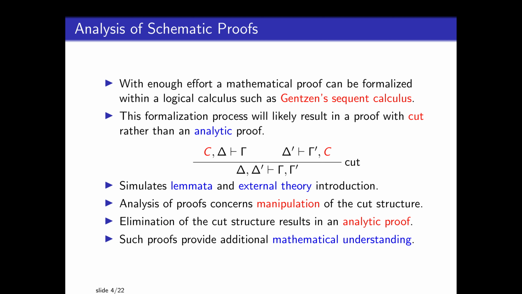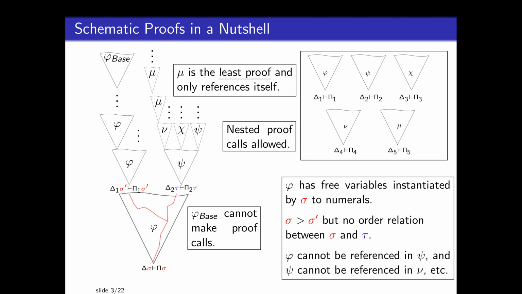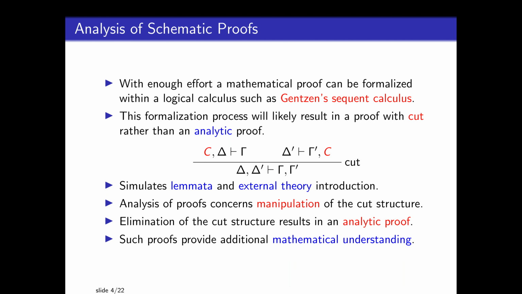Now, for those not familiar with proof analysis, I'll go over a little bit about it. What we have on this previous slide would be a formal proof. With enough effort, for example, the Fürstenberg proof required a lot of effort, you could actually formalize a mathematical proof in one of these logical calculi.